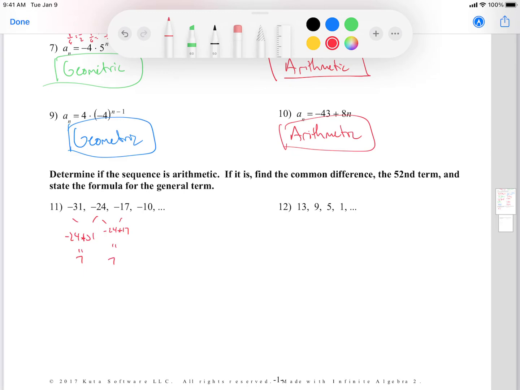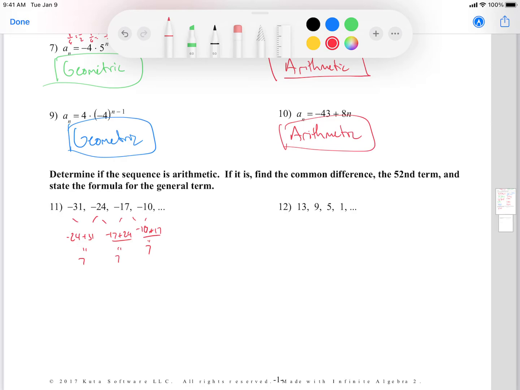Wait, hold on. I think I messed something up. Sorry, I screwed that up when I did that the other way. It should be negative 24 minus negative 31, which is 7. And this one should be negative 17 minus negative 24, which is 7. And then this one should be negative 10 minus negative 17, which is also 7.